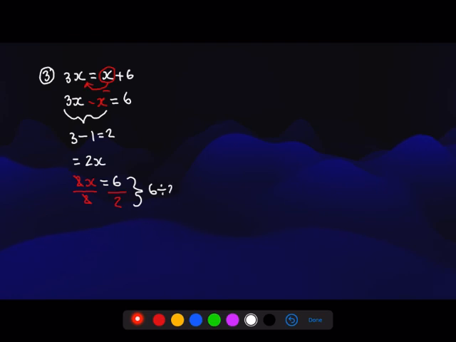And this 6 over 2 technically means 6 divided by 2, and 6 divided by 2 is 3. Just to double check, 3 times 2 equals 6. So now we would bring the x down and the equal sign down, and our final answer would be 3.